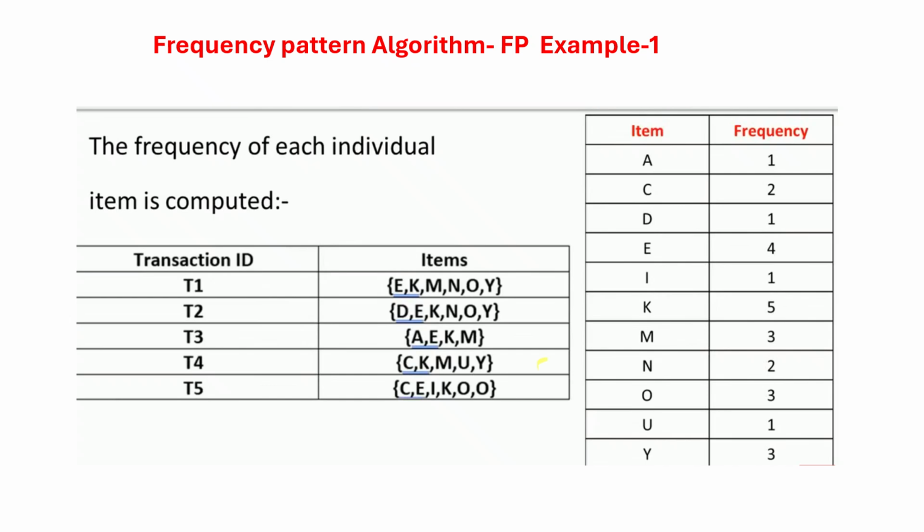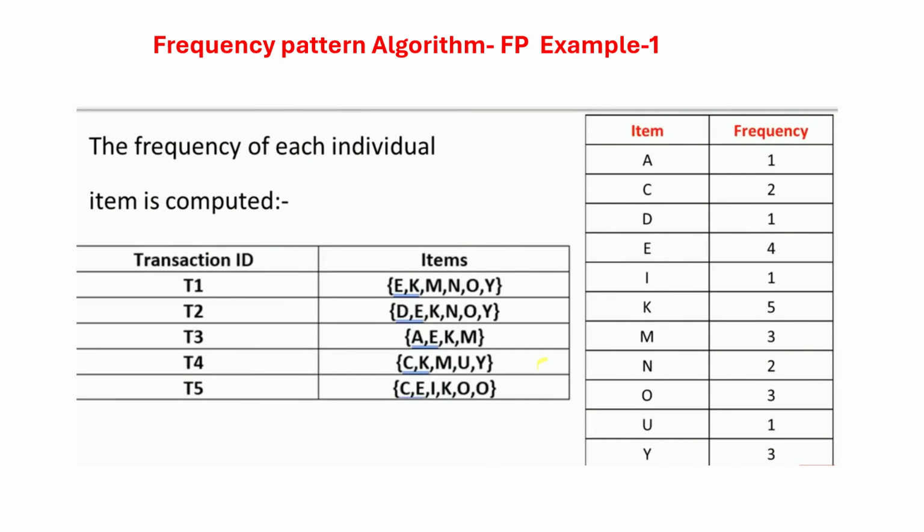We have to write all the items in order, and arrange them in ascending order, which means here the items are alphabets, so we arrange them from A to Y. So how many times does A appear?